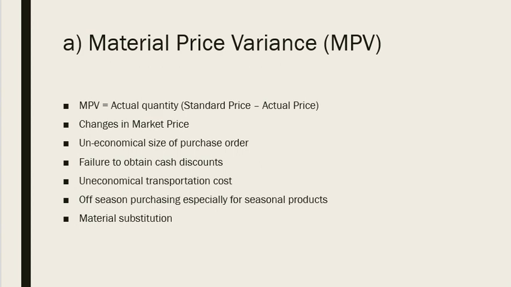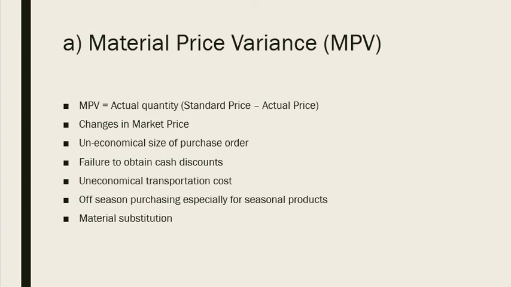Then material substitution. Instead of using one particular product, there are substitutes available for the products. When you use substitution for the material, that will also lead to variances. For example, it can be usage of iron rods instead of copper rods. Substitution can reduce the wastage.